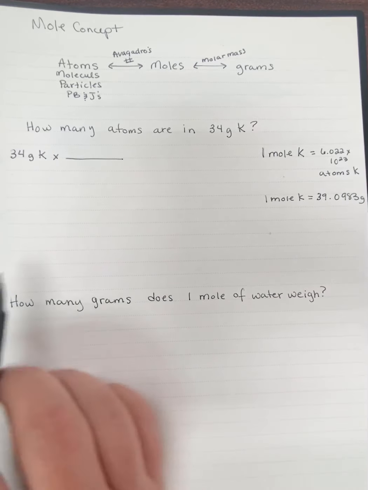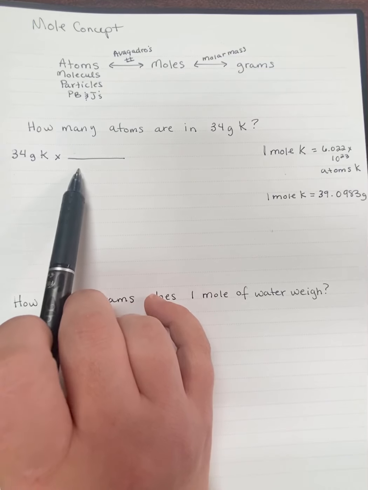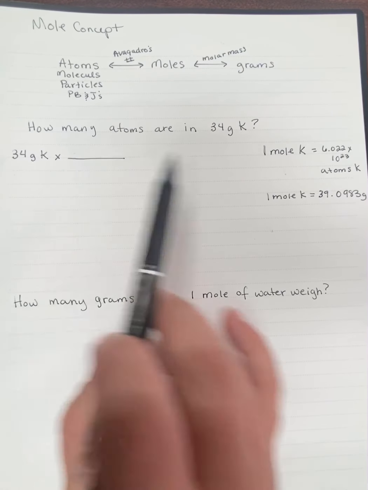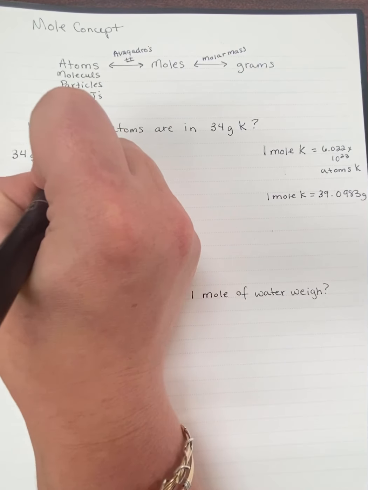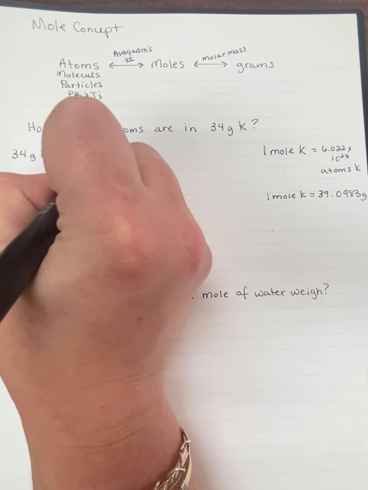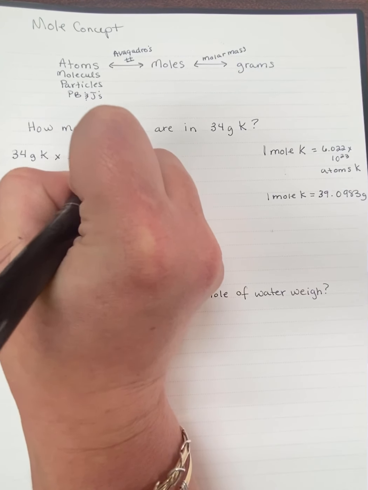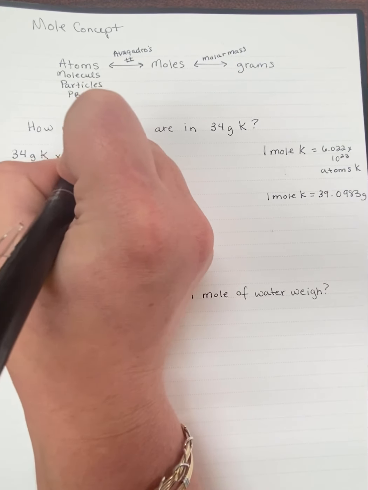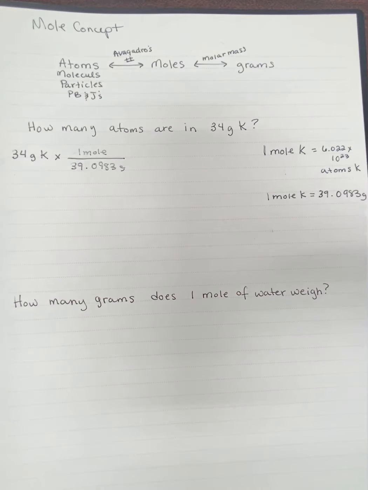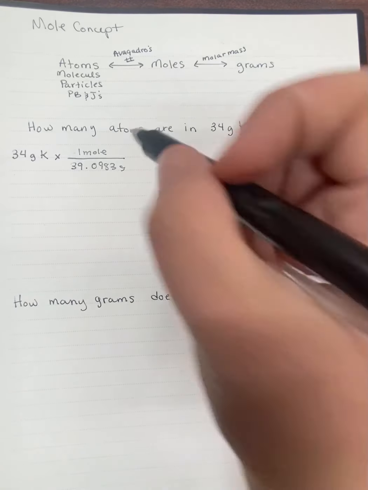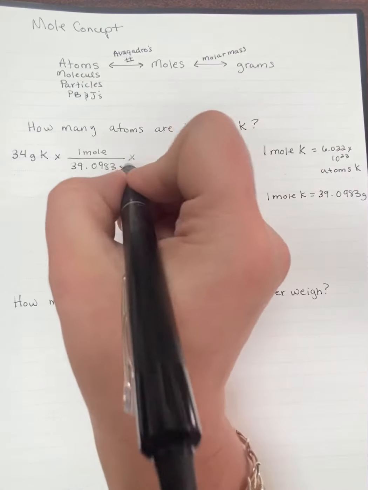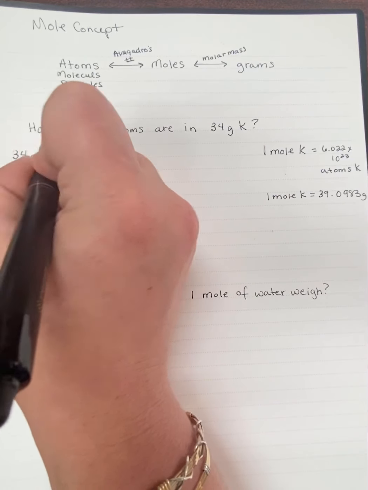Okay, so we have grams on the bottom, and just like any good conversion factor, we want to put grams on the top. So we have our unit equation here, 39.0983 grams is in 1 mole. Now notice with both of these unit equations, the 1 goes with the mole, okay? That can help you remember to not get it mixed up. So that cancels out our grams.